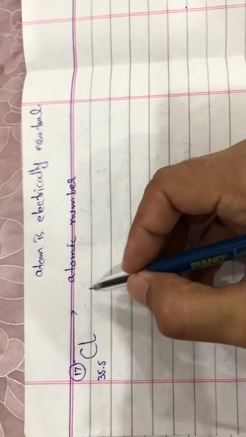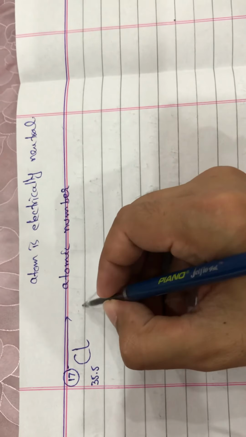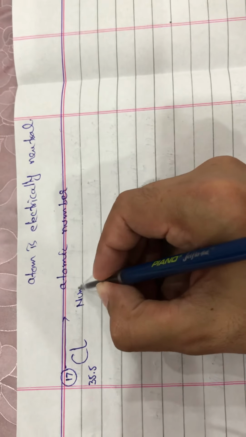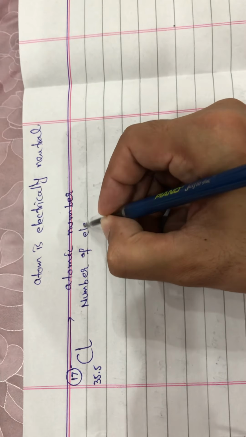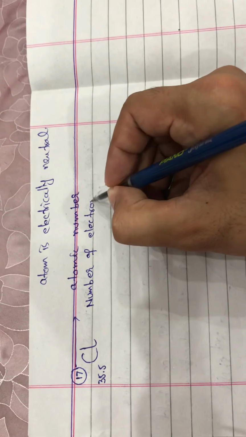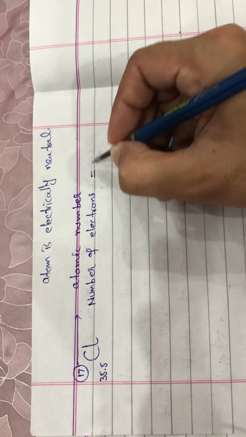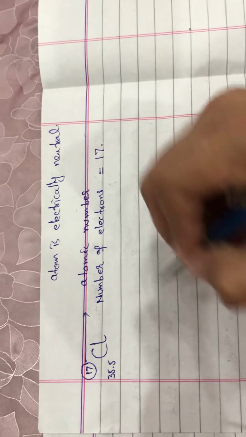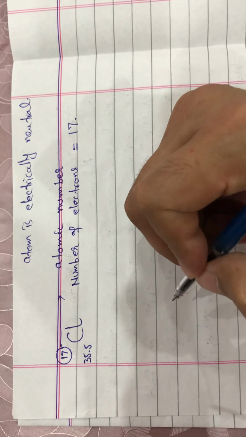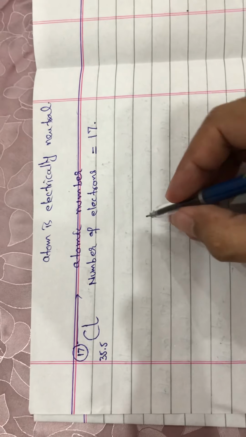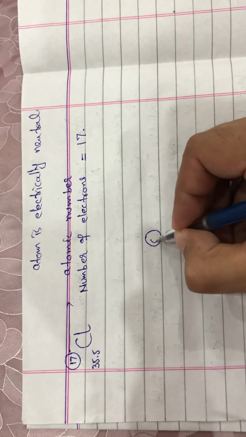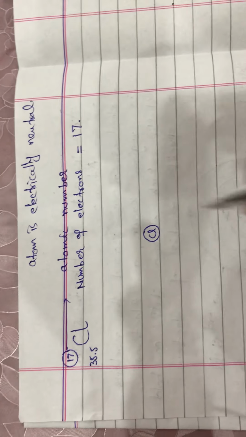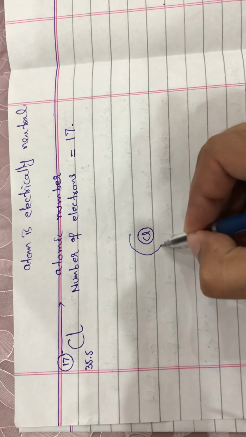So here we are writing that our number of electrons is 17. Now we are writing the chlorine nucleus. This is the chlorine nucleus. First shell.